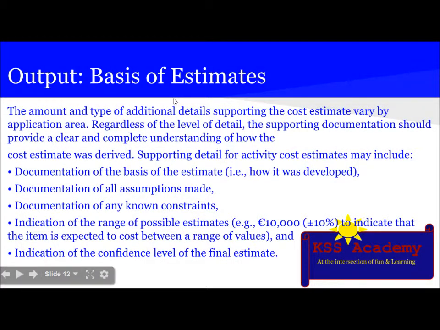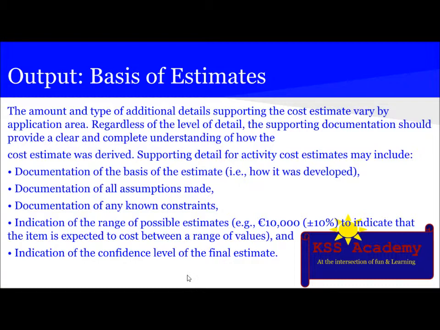Then basis of estimate is the next output. The amount and type of additional details supporting the cost estimate vary by application area, and regardless of the level of detail, the supporting documentation should provide a clear and complete understanding of how the cost was derived.